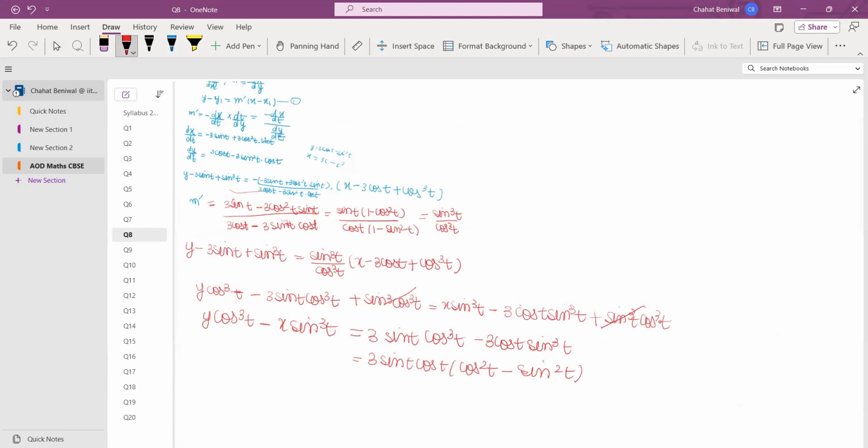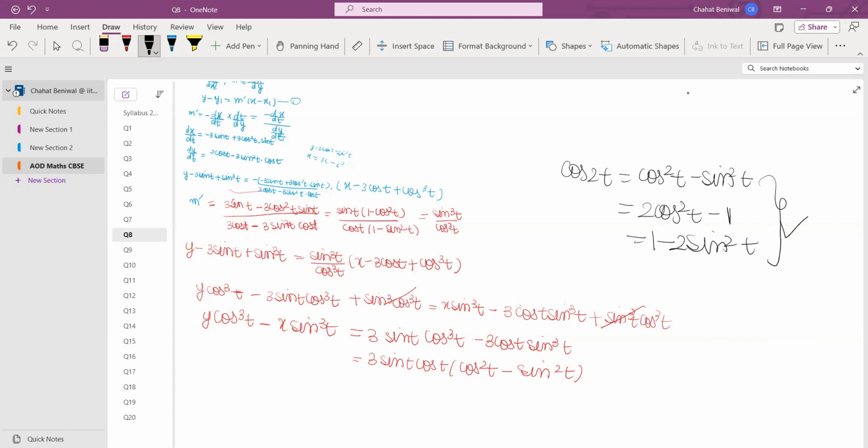Okay. So one thing which we must be aware of, I'm going to write 2, 3 formulas: cos 2t equals cos square t minus sin square t, which is 2 cos square t minus 1, which is equal to 1 minus 2 sin square t. So these are some formulas which we must remember.